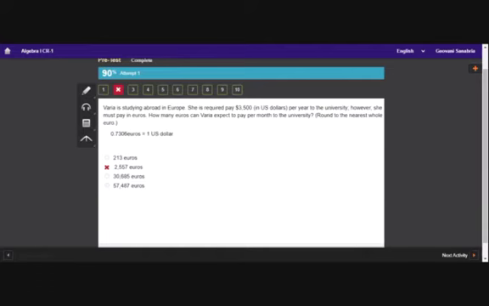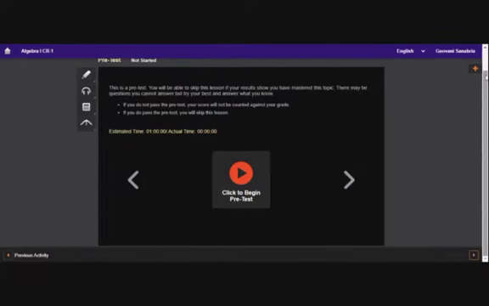We didn't convert because it's 3,500 per year, and then it's asking for per month. We didn't convert it to months. So it would have been the 213. Yeah, probably. Damn, I didn't see that it said per month. What's the next one? Maybe it'll be a better one.